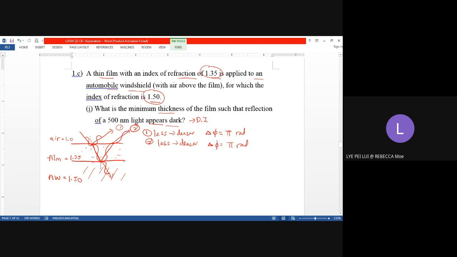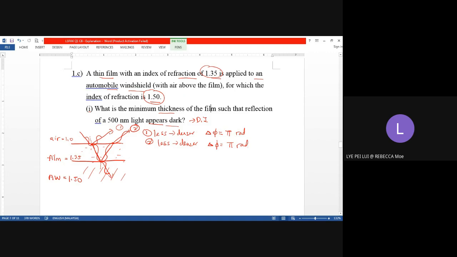Okay, we look at the two reflected rays, the first reflected ray and the second reflected ray. The first reflected ray has a phase change of pi radian, and the second also has a pi radian phase change.